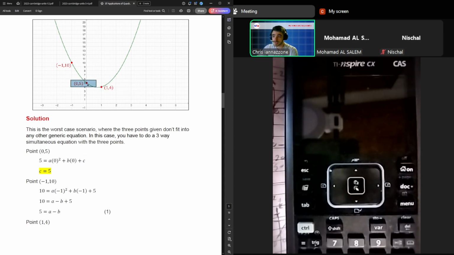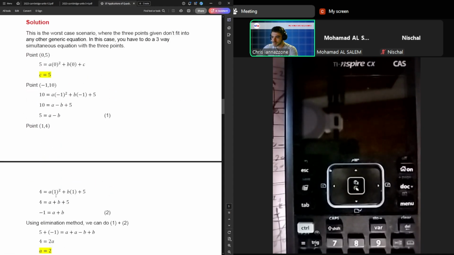This one's a little bit nicer because you are told the y-intercept, and that gives you what c is automatically. It becomes a 2-way simultaneous as opposed to a 3-way. Point, sub in, solve. Point, sub in, solve. Equation 1, equation 2. We do your simultaneous.